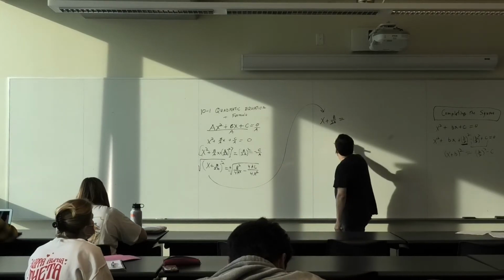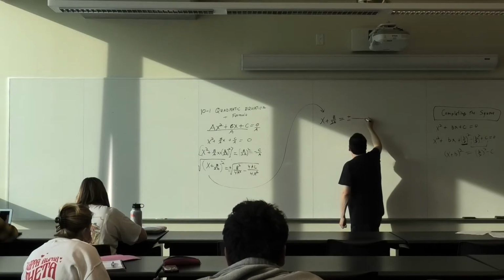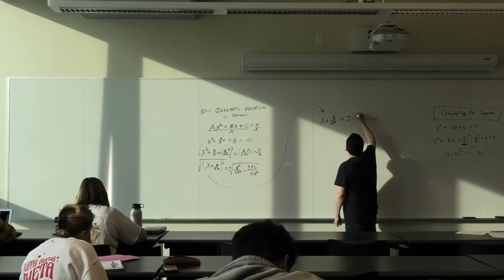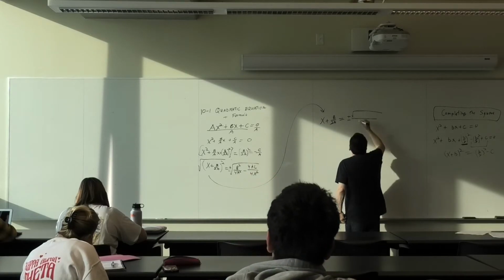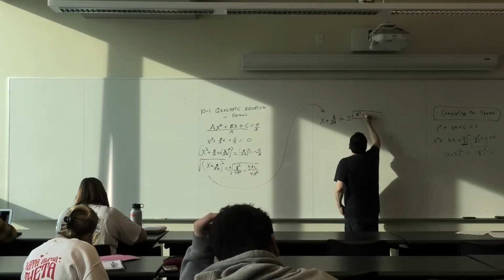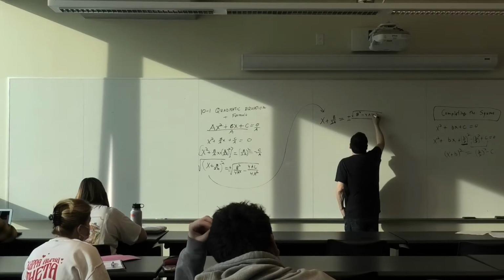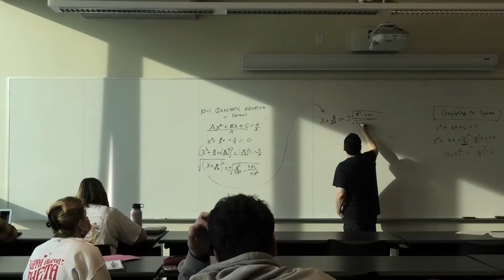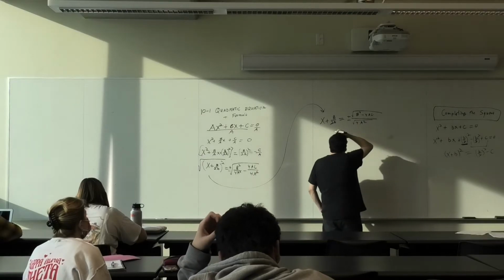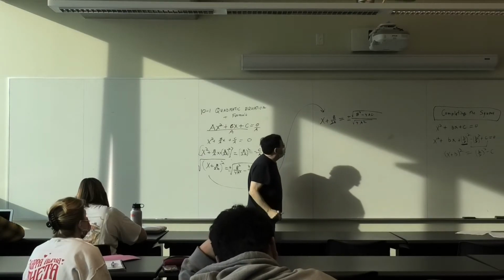And that's going to equal plus or minus, I'm going to split this now, the square root of b squared minus 4ac over the square root of 4a squared, because I already have it over a common denominator.